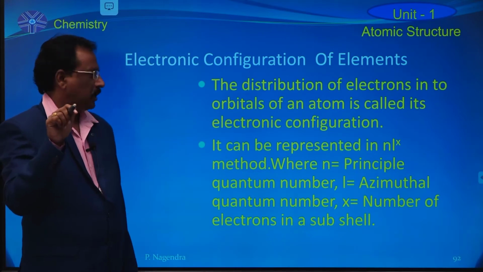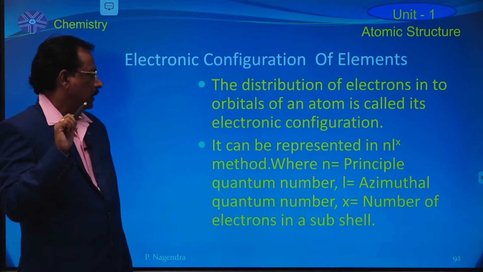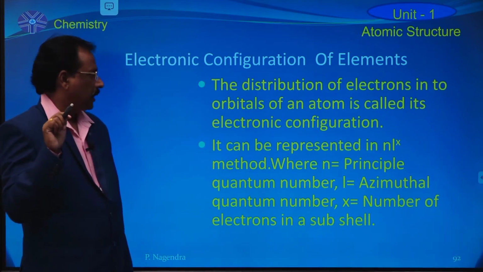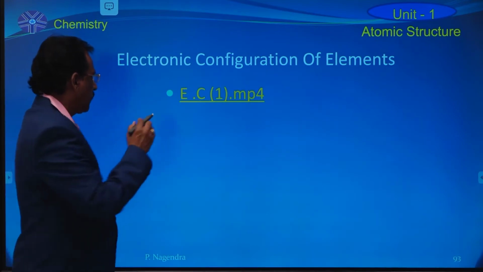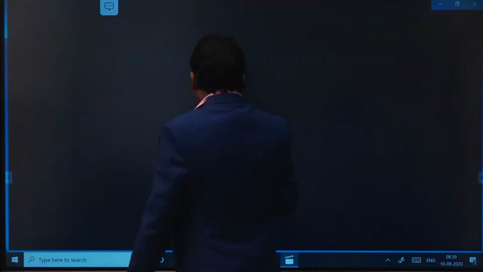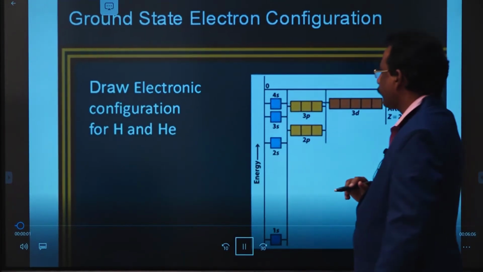With the help of these three principles, the distribution of electrons into various available orbitals in an atom is called its electronic configuration. Now see some of the examples.